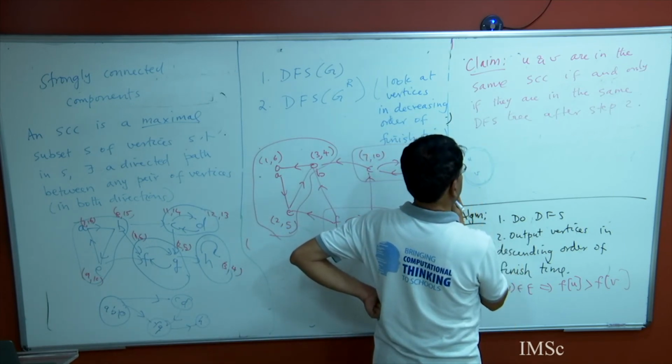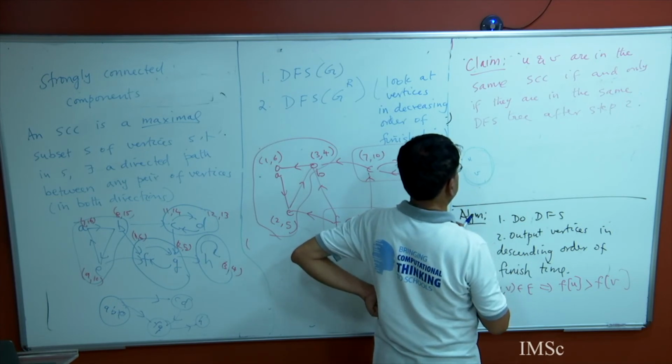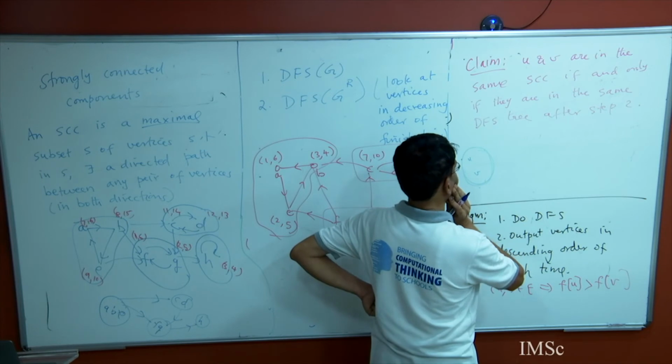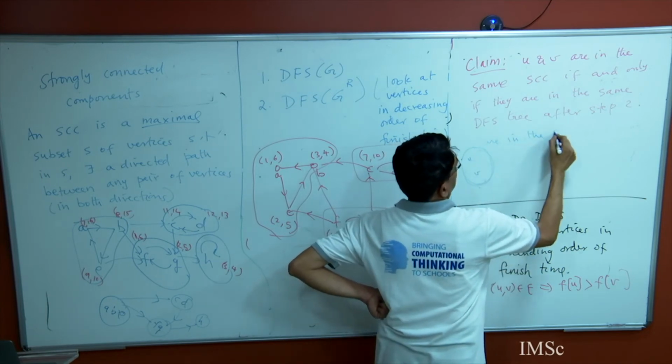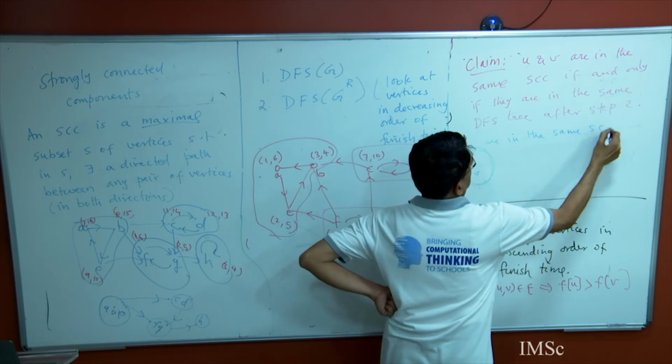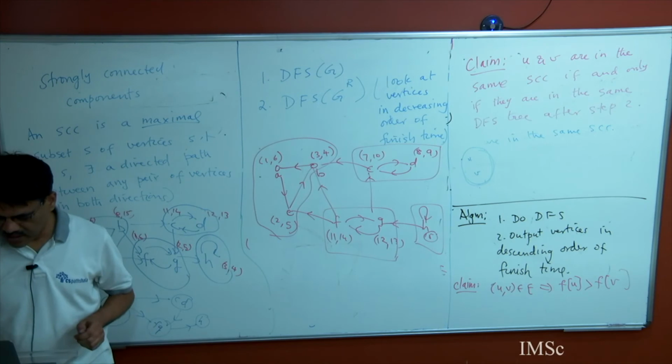So if U and V are in the same strongly connected component, I want to claim that they are in the same tree at the end. Is that clear?